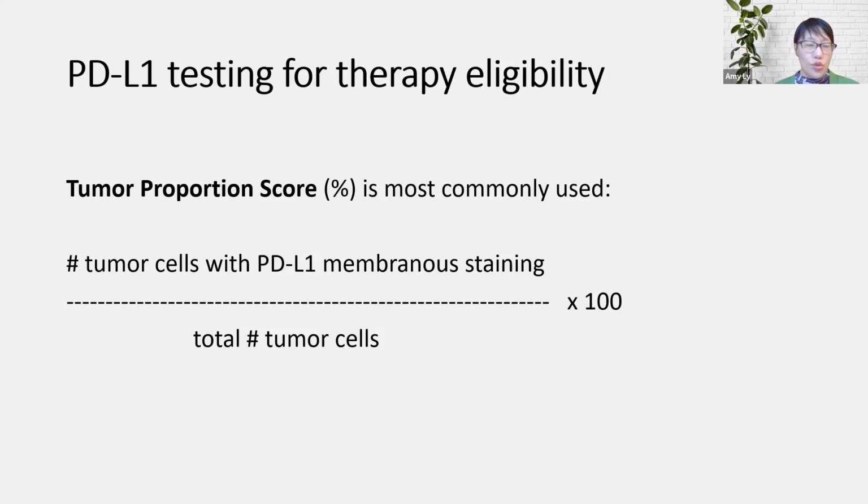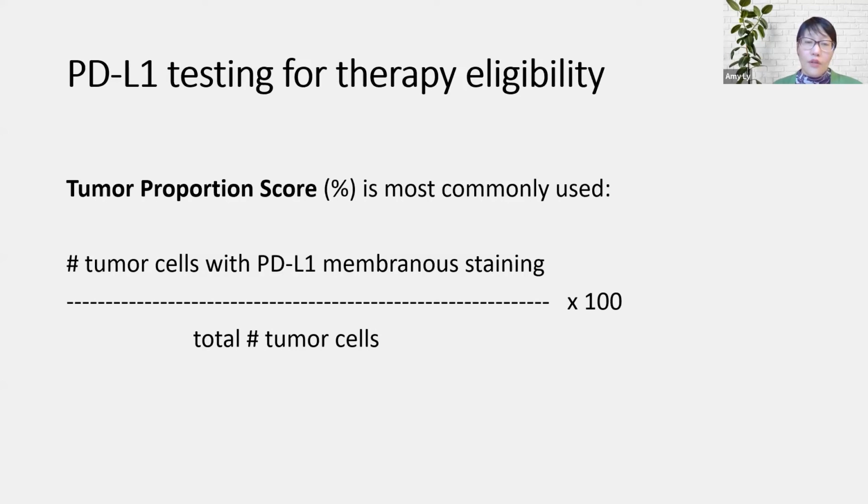So TPS is the tumor proportion score, also presented as a percentage, and it's calculated based on the proportion of tumor cells that have PD-L1 membranous staining. So any degree of membranous staining would be considered positive. It can be partial or complete and can be of any intensity. And you multiply this proportion by 100.